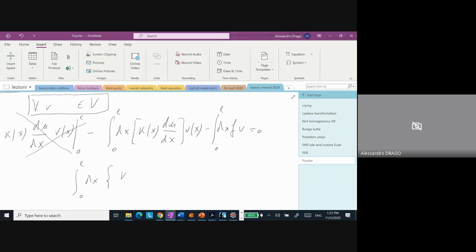Here there is a derivative with respect to x, so I forgot it.